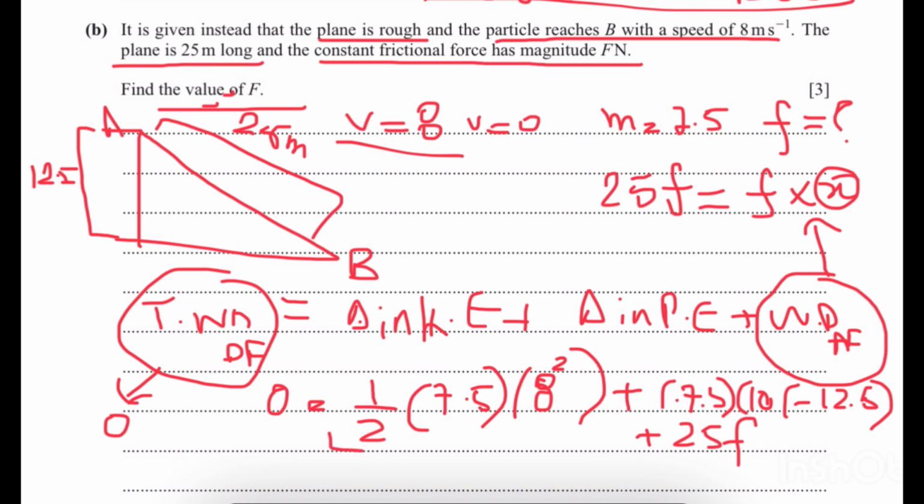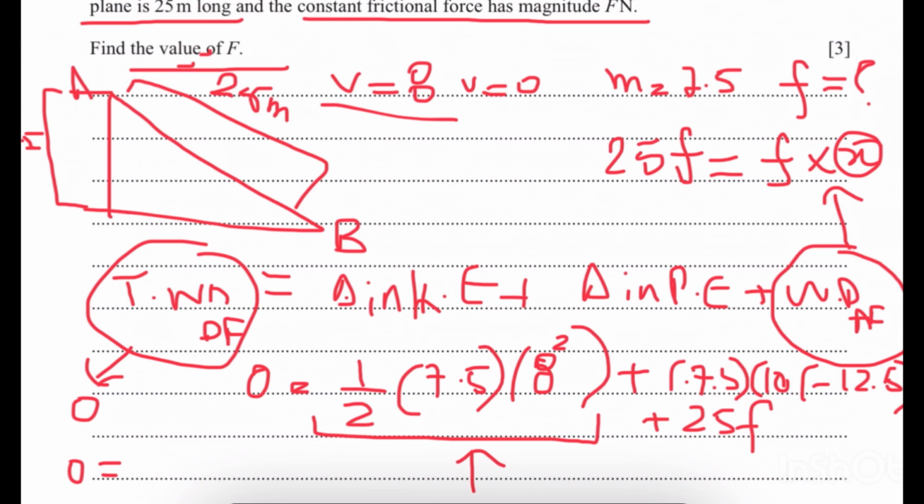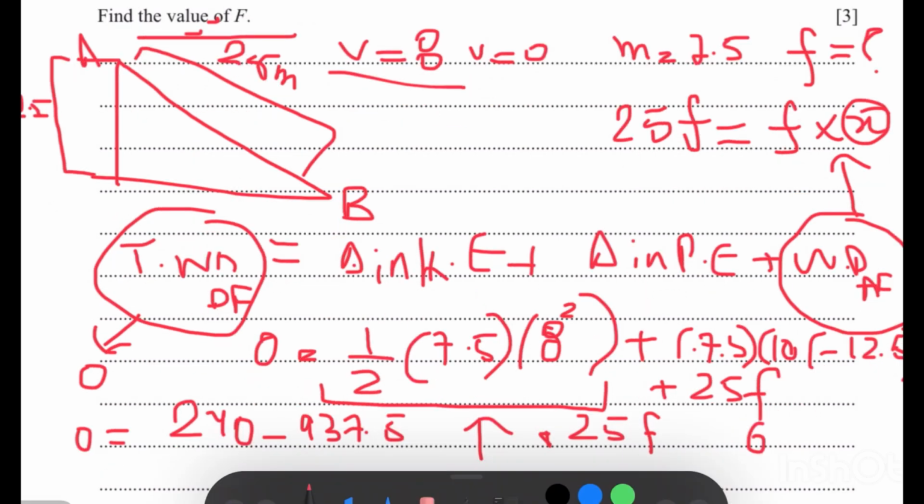Let's find out the value of this component. 0 is equal to 240 plus, this will become minus 937.5 plus 25F. So 697.5 must be equal to 25 multiplied by the force of friction. If you divide that, the force of friction is equal to 27.9. With that, we're done with part B.